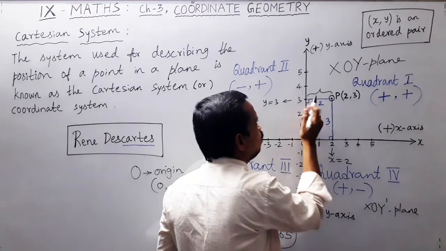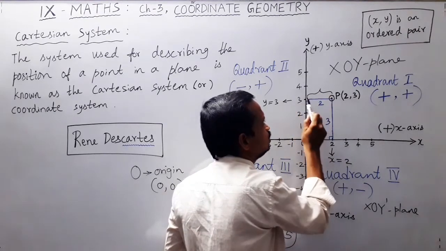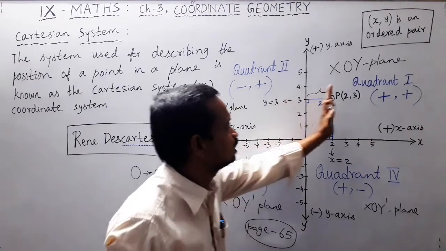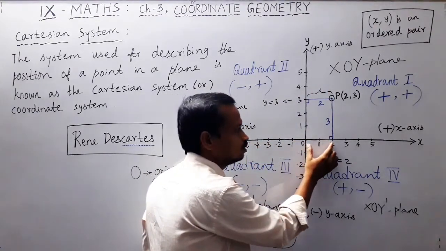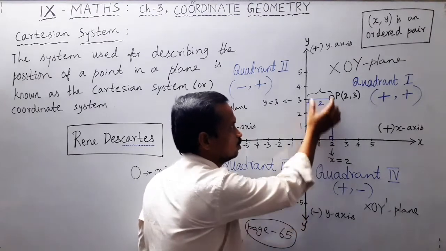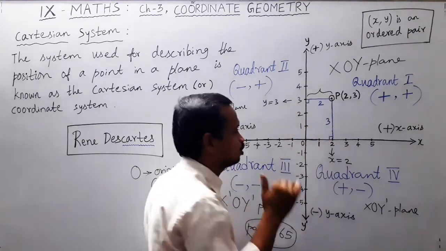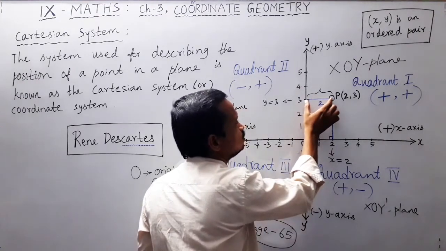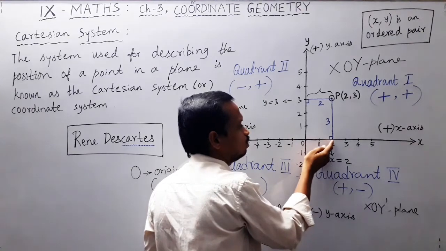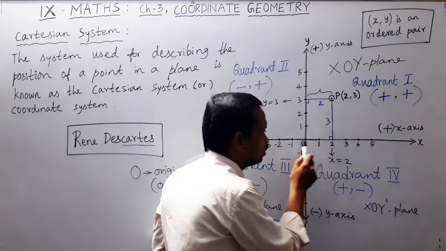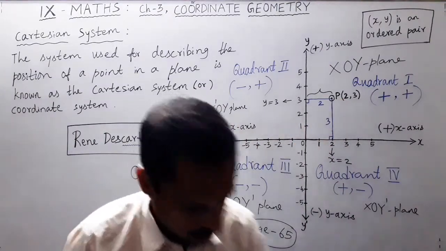From the y-axis to that point, this is the distance, and it is equal to this distance, because it is nothing but a rectangle, and opposite sides are equal. So that's the concept. If you take from the origin up to the value 2, that is the x-coordinate. You see, x is 2.